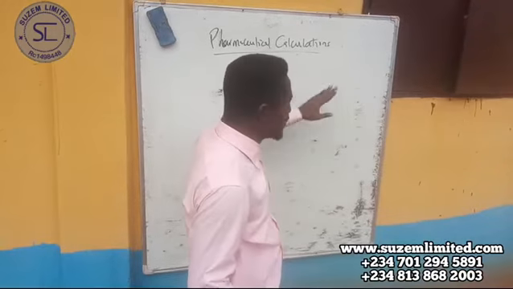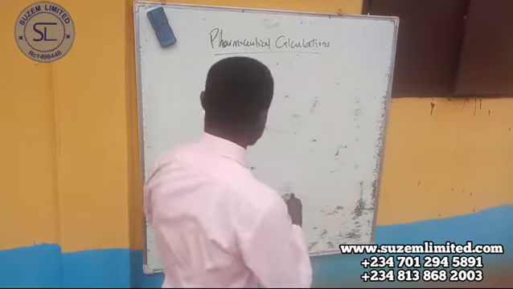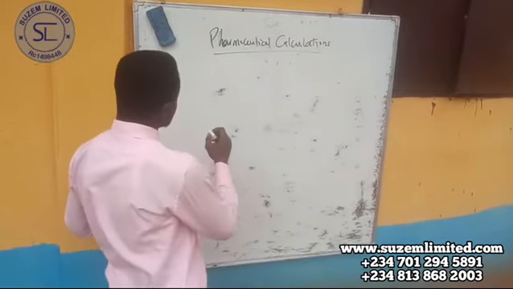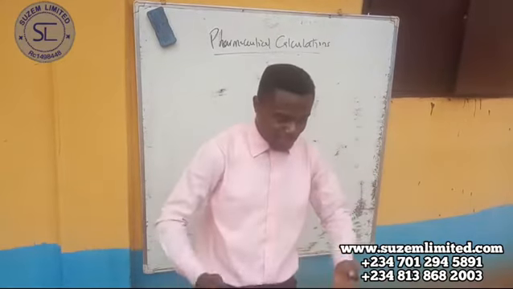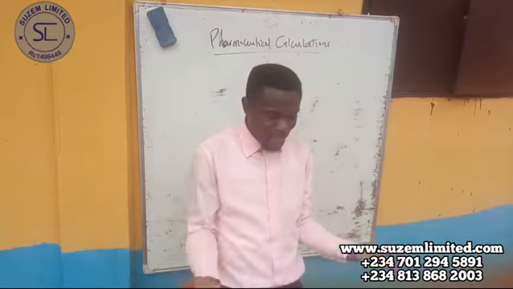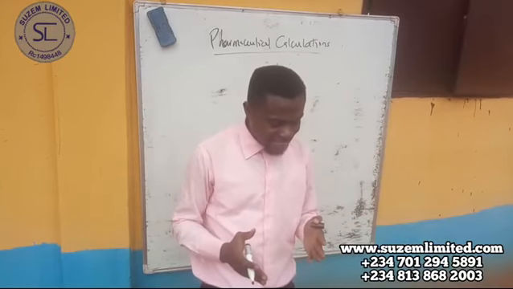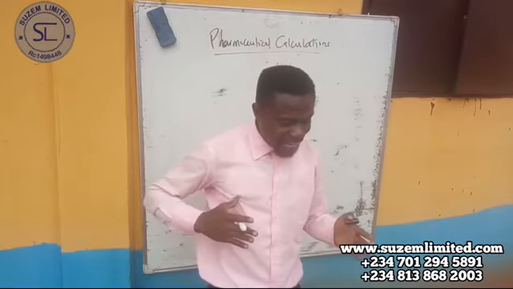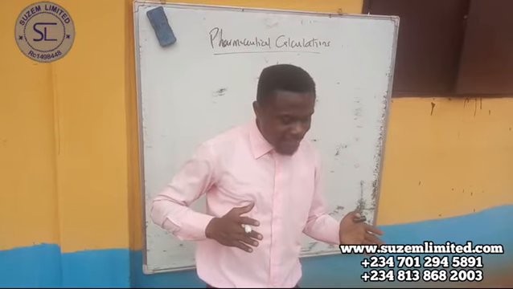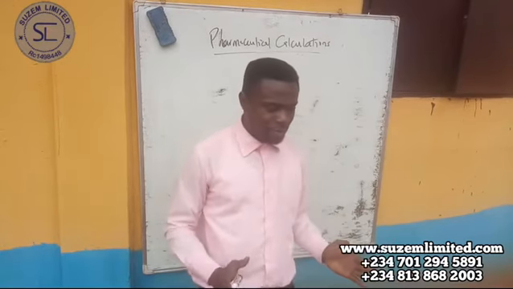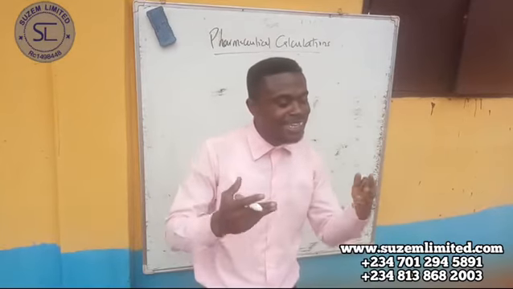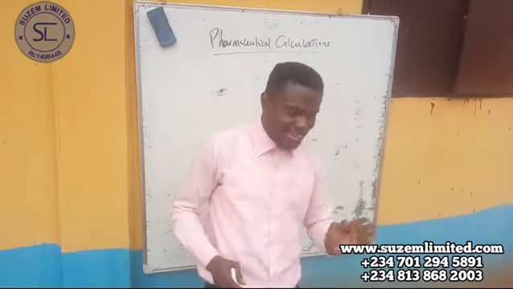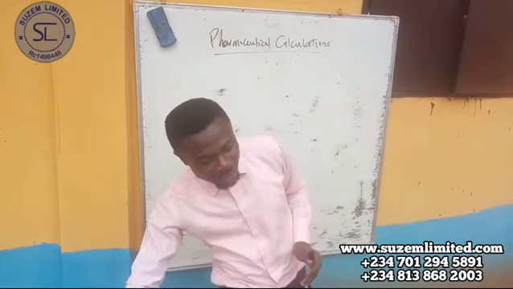Apart from the 50%, let us do something else. Let's assume we have 200 people. 10 of them are black and 190 are white.